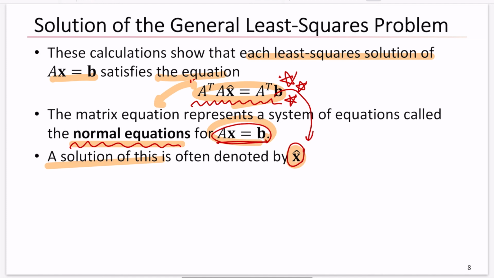왜냐? 이 노멀 이퀘이션은 솔루션이 존재하기 때문에. 언제? X hat으로. 그 X hat이 뭐냐? AX equals B의 가장 approximate 솔루션이기 때문인 거죠. 그게 바로 노멀 이퀘이션이라고 하는 거예요. 너무너무나 중요한 이퀘이션이에요. 알겠죠?